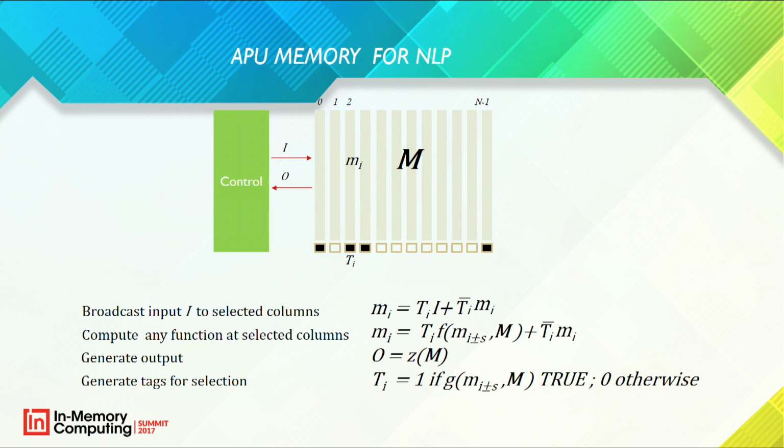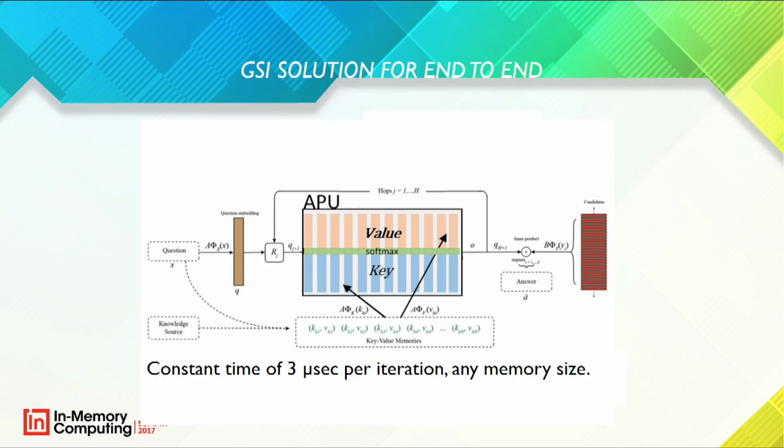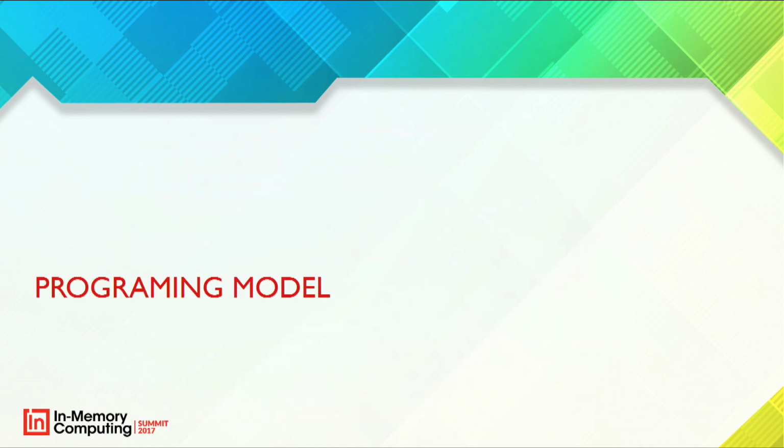Then we can do the compute in this direction and also generate output in this direction to do the summarize. And I show you here how we're embedding the key and the value inside the associative memory, and we can do the softmax inside to implement this network for natural language.